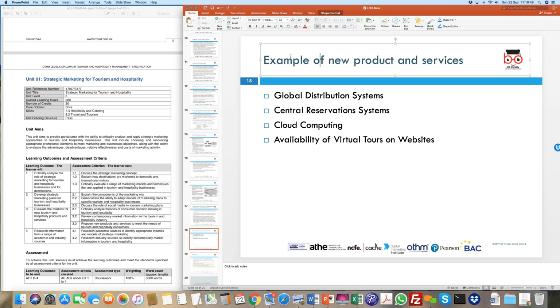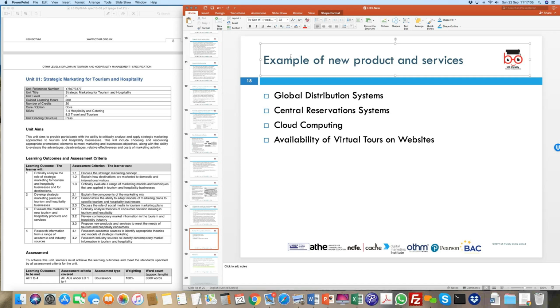So in those cases, the use of global distribution system sites like booking.com, travelsupermarket.com is becoming important because at one location, you're able to get hold of all the information related to prices, types of rooms, availability in a particular location. Yeah.